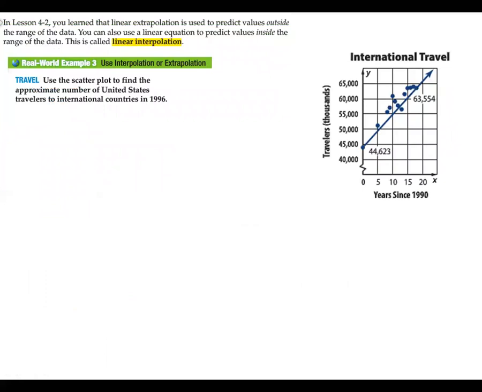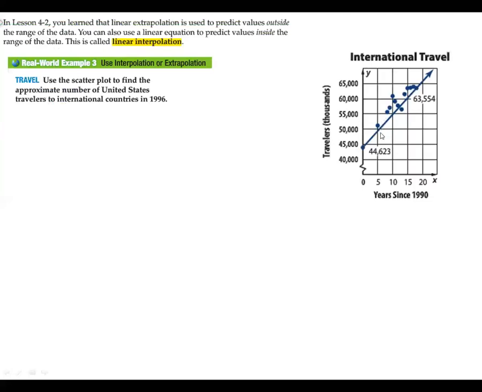So we're going to use this scatter plot to find the approximate number of United States travelers to international countries in 1996. So here, these are years since 1990, so this would represent 95, 2000, 2005, 2010. Okay, so 96 would be right here a little bit after 5, and you can see there's no data value there.